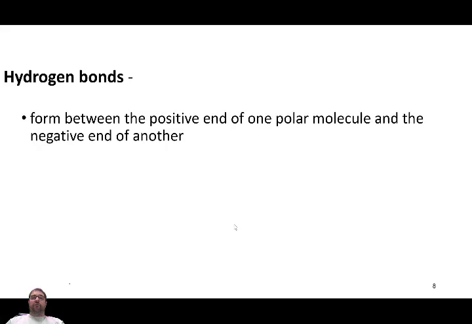All right, hydrogen bonds. Hydrogen bonds are a lot like covalent bonds in the sense that they're dealing with positive and negative, but the electrons are not removed. And they're a lot like covalent bonds where electrons are not being shared equally, but they are involving hydrogen.